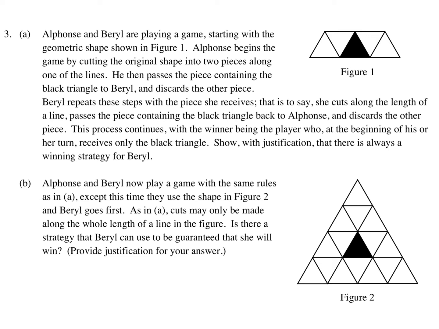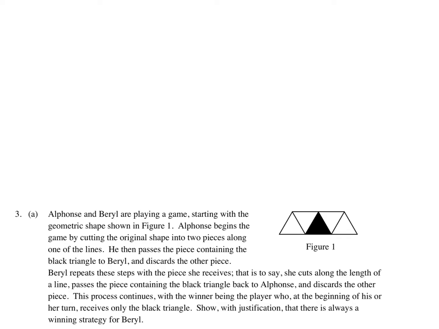All right, so how do we do that? Well, there's 2 possible ways that we can have Beryl win. Winning strategy for Beryl. So let's say we start off with that original shape, which is below, and it looks like this, right?